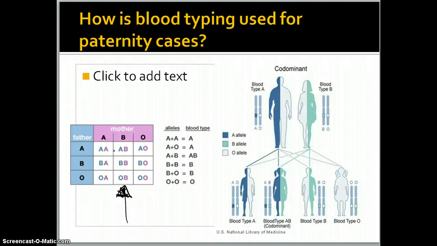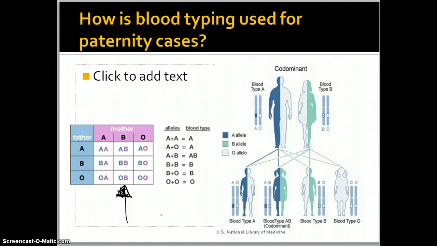And if the combinations don't match up with the children that are produced, you can usually determine that it's not the correct father. We're going to be doing a lab looking into this a little bit more next time we meet.